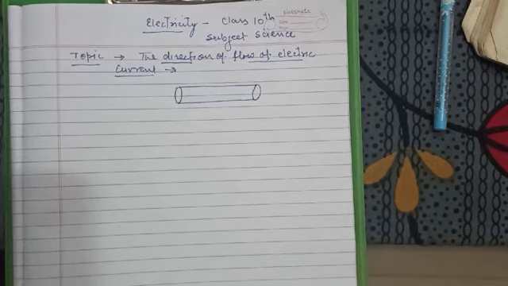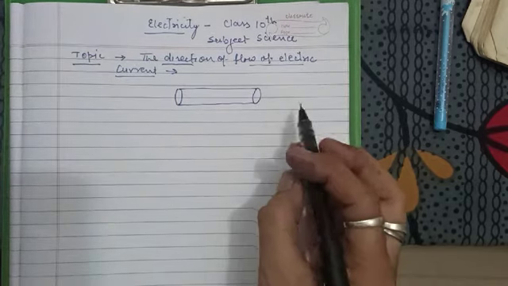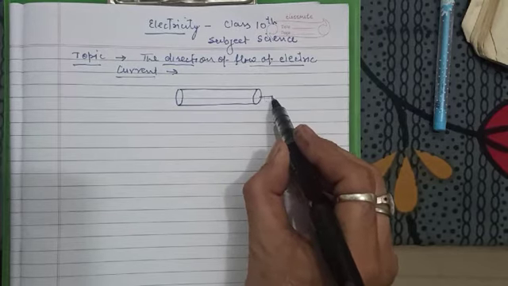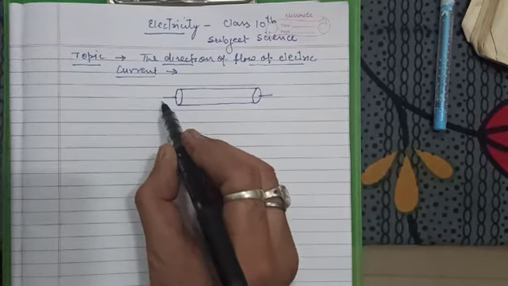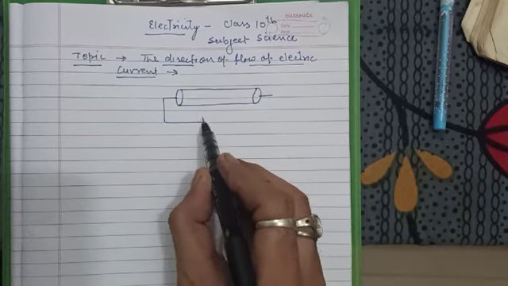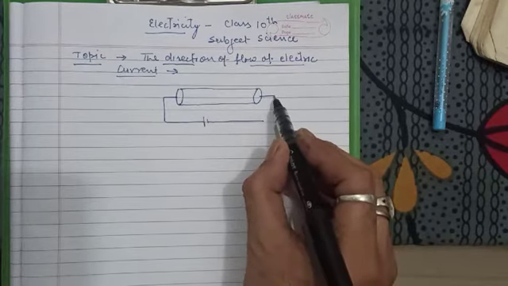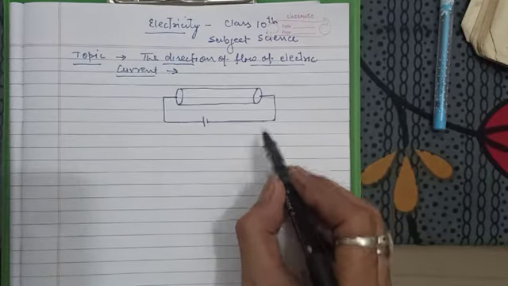In a conductor the electrons move when the conductor is connected with a source of current, that is either a cell or a battery.